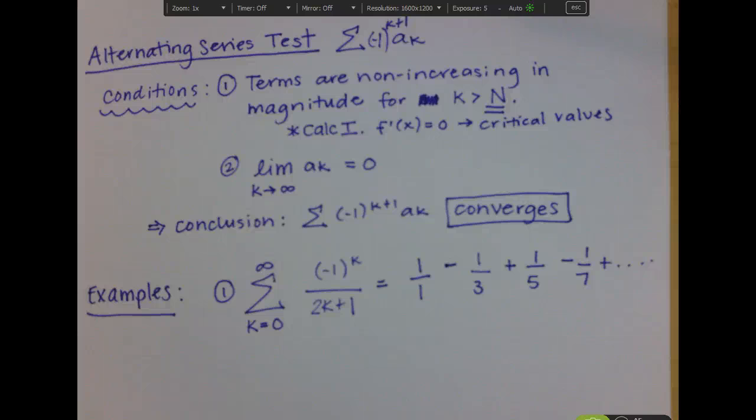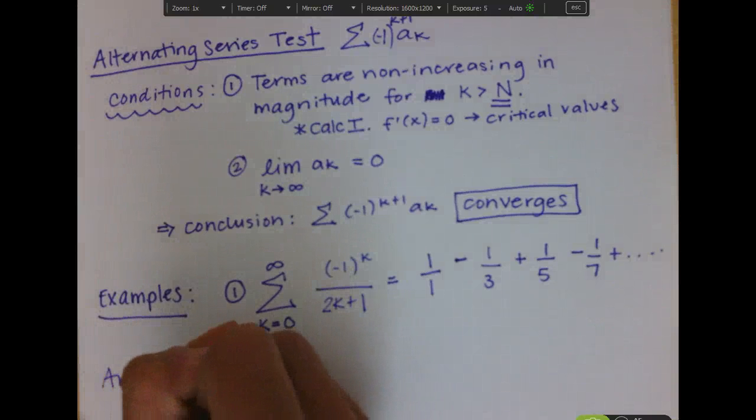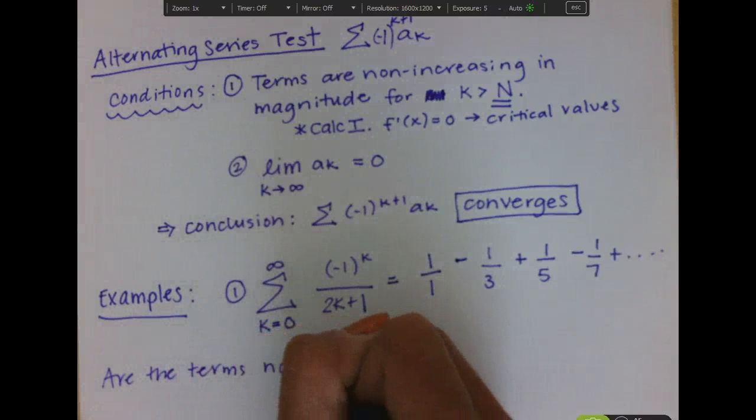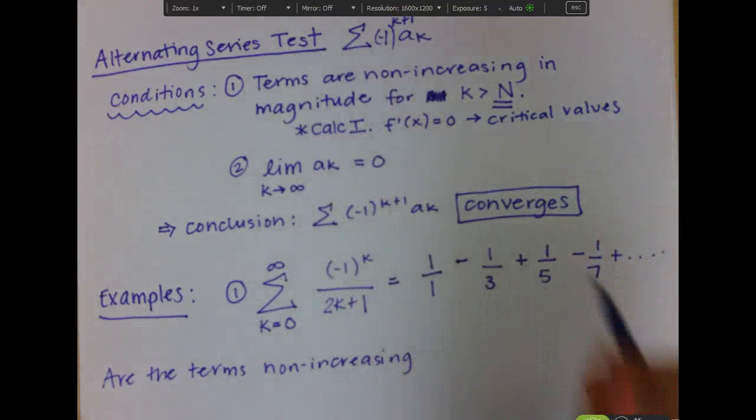However, in order to make a conclusion about whether this series converges or diverges, we might try the alternating series test, which means that we have to see if we are meeting these conditions that we need to meet. So the first question is, are the terms non-increasing in magnitude?